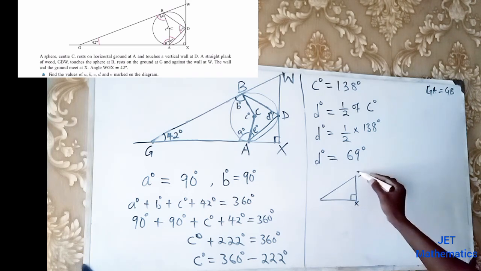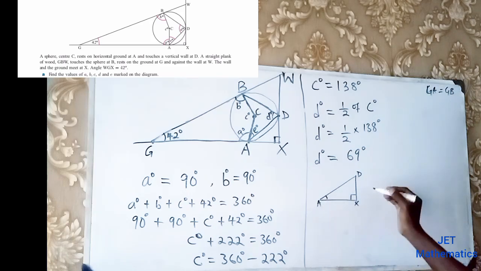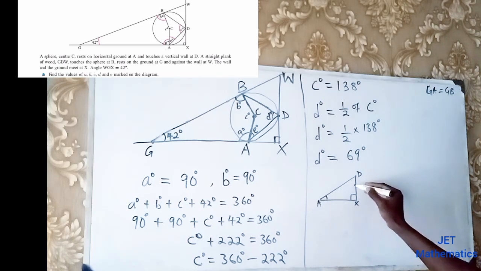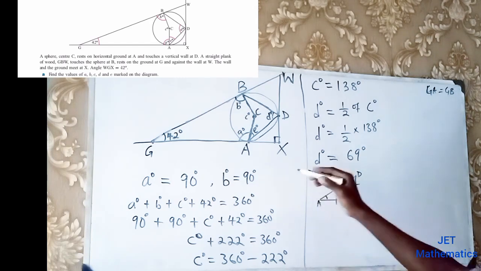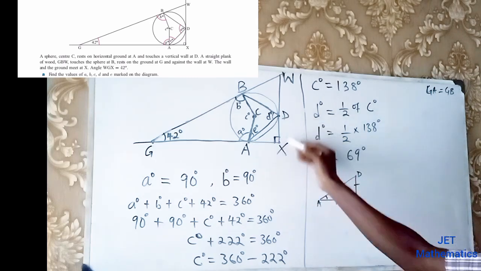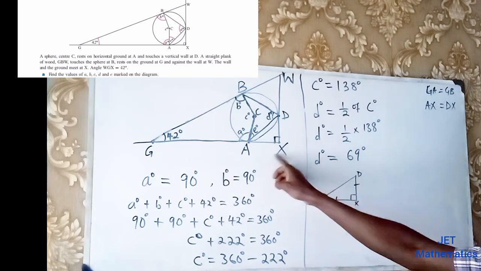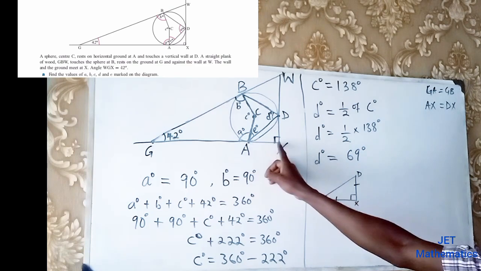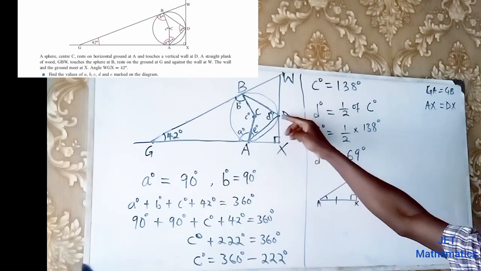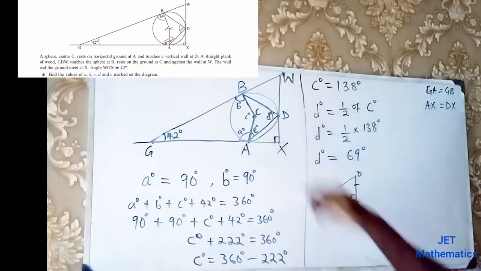So that we'll have a triangle like this, X, D, A. We can get this angle if here and here are equal. So we also say that AX will be equal to DX. From the point of tangency to this point is also equal to the point of tangency to this point.